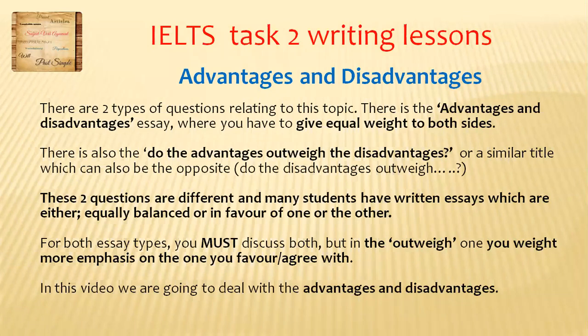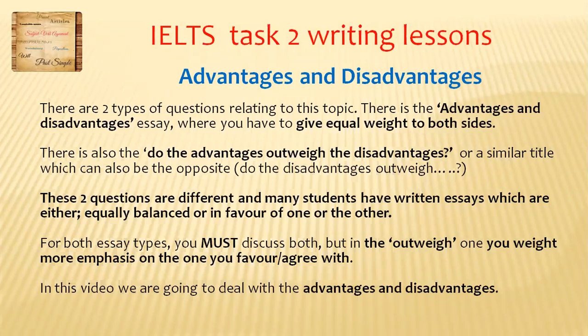There is the advantages and disadvantages essay, which gives equal weight to both sides, so you have to explain both. But then we also have: do the advantages outweigh the disadvantages, or vice versa? These 2 questions are very different, and many students have written essays which haven't actually answered the questions.